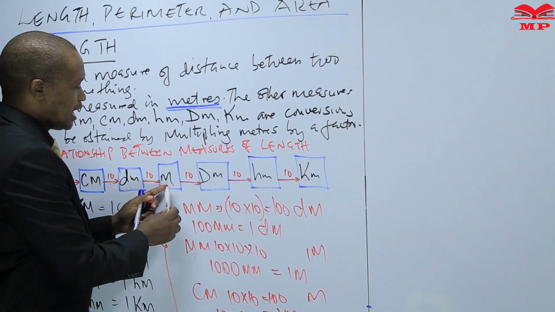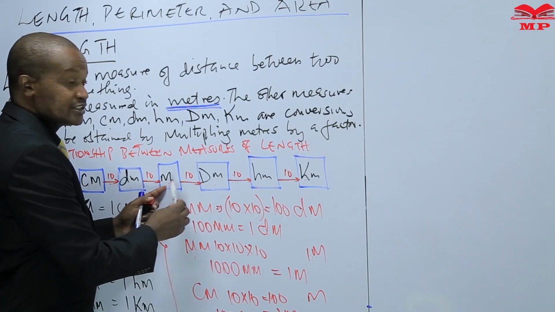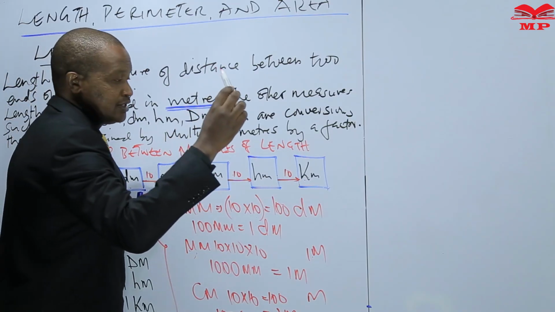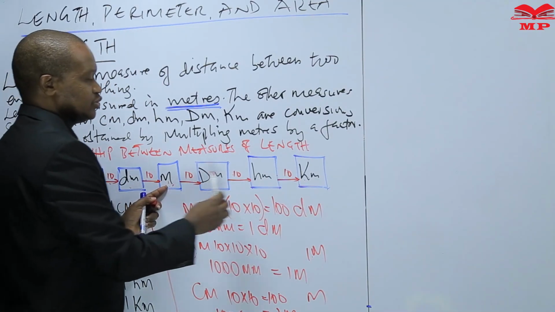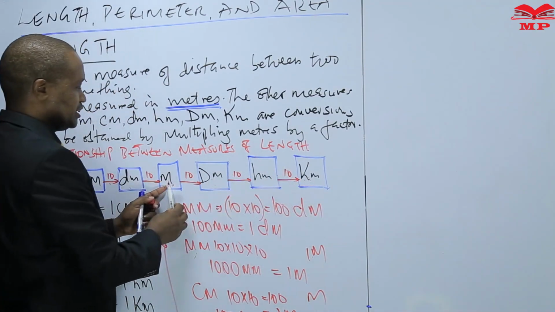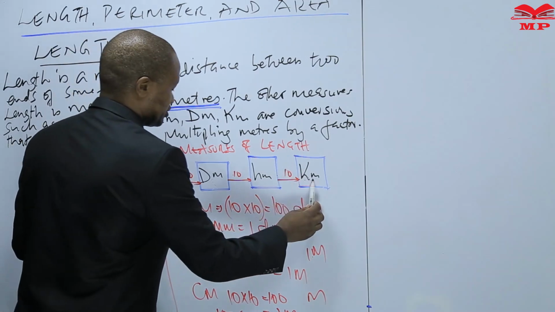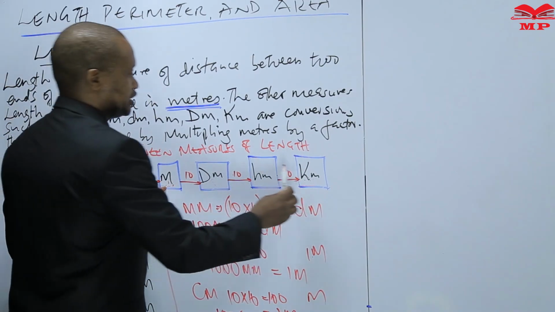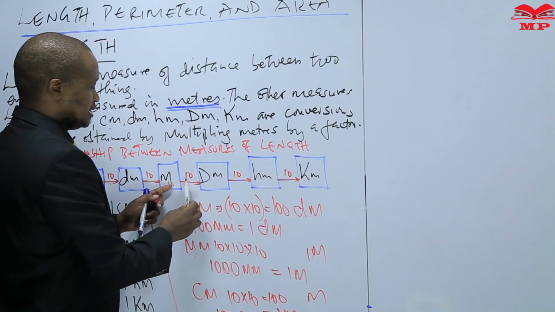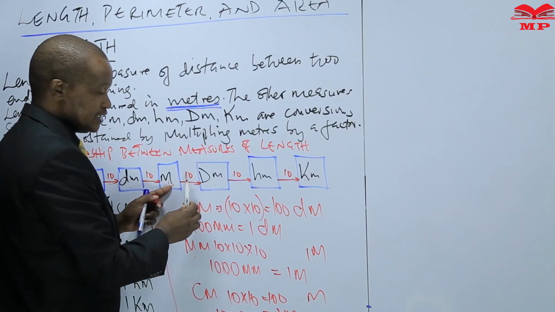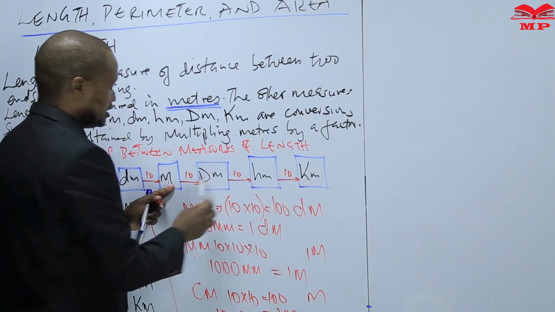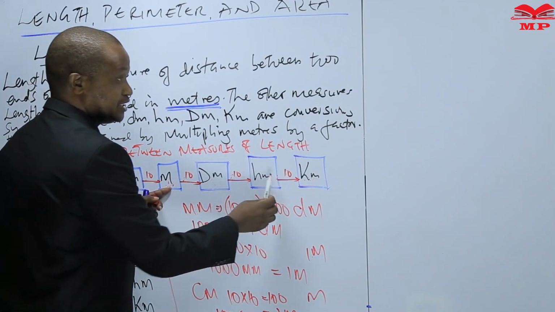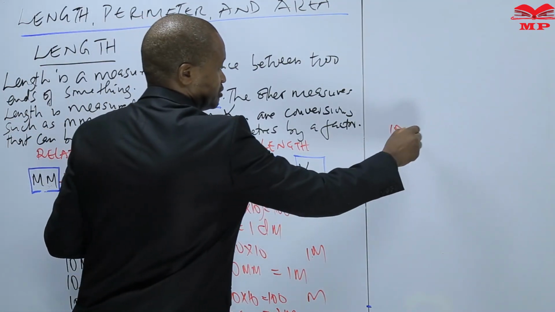Coming here, how many meters make 1 kilometer? Convert meters to kilometers. So you count the number of tens: 1, 2, 3. 3 tens. So 10 times 10 times 10 is equal to 1,000.